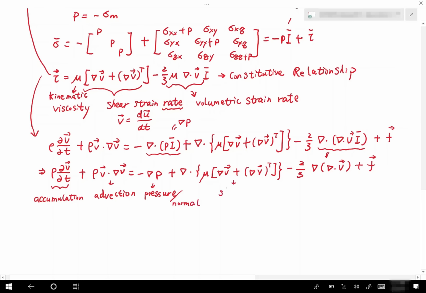And this one is shear. And this one is also shear. It's a shear caused by strain. Let's get it in this way. It's a shear normal or volume. And this one is the body force.